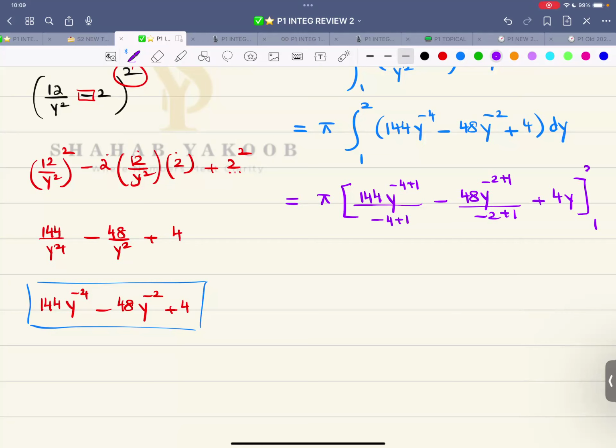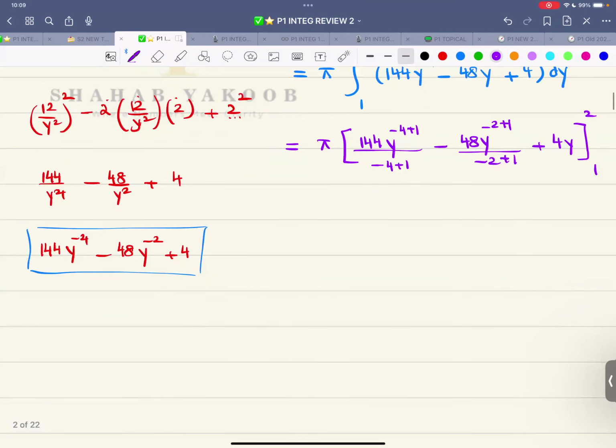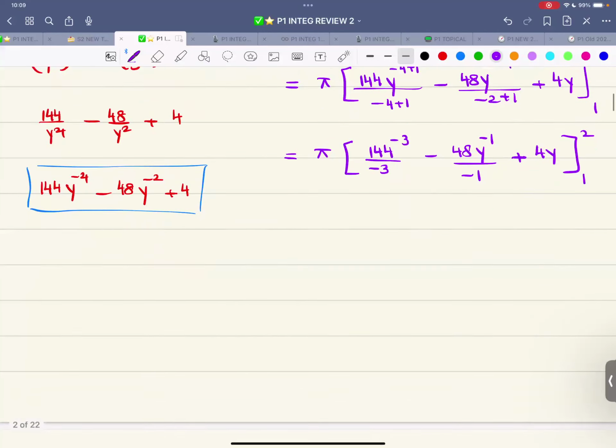Now keep in mind, first simplify, then plug in the limits. So this is pi. This is 144 y raised to the power of negative 3, and negative 3 is downstairs. This is minus 48 y raised to the power of negative 1. Negative 1 is downstairs. Downstairs means the denominator. And this is 4y between 1 and 2.